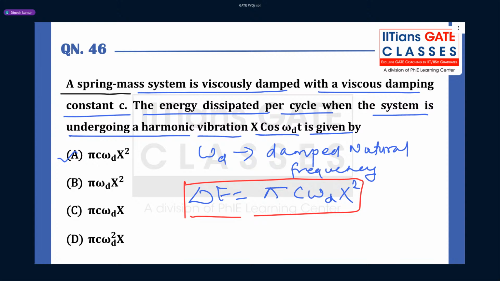You know, guys, for any small displacement dx, what will be the work done? dW will be the work done due to damping force F into dx. Now we already know what F is: F is nothing but C x dot.